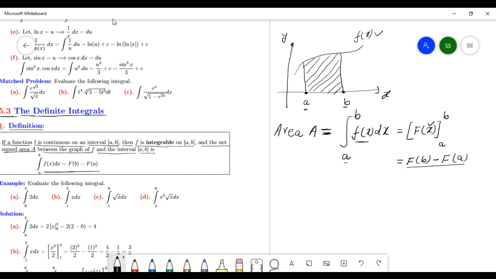This way you will find the integral, and this is the area between a and b.